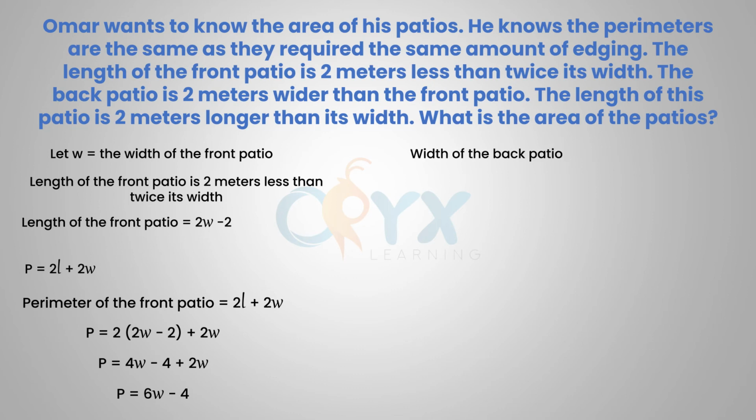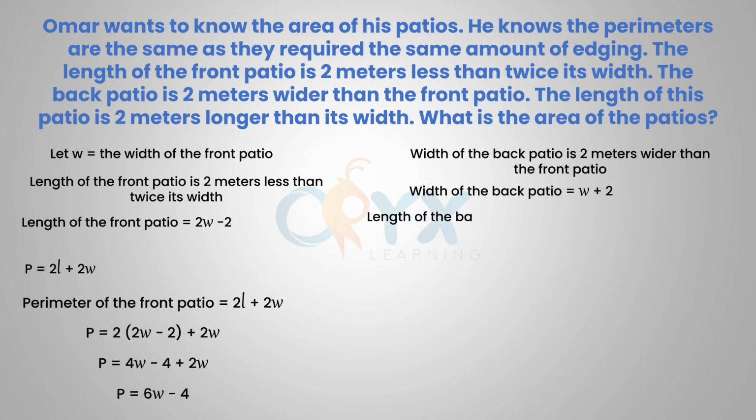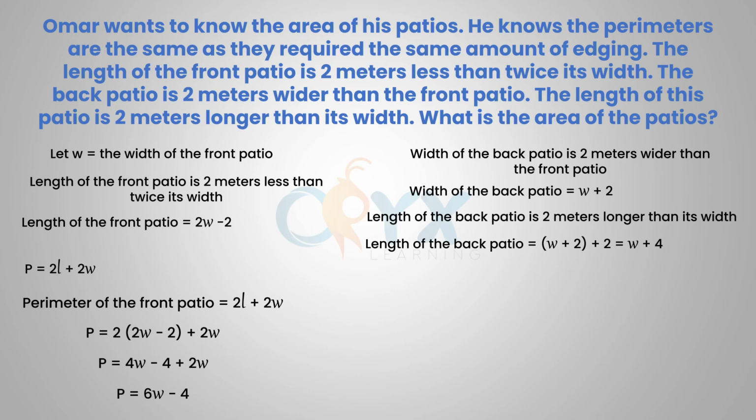The width of the back patio is 2 meters wider than the front patio. So the width of the back patio is W plus 2. The length of the back patio is 2 meters longer than its width, making the length of the back patio W plus 2 plus 2, or W plus 4.